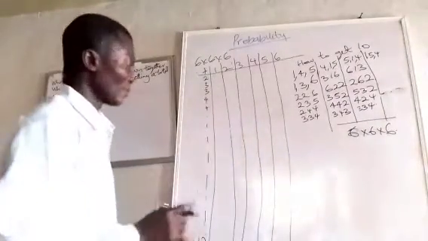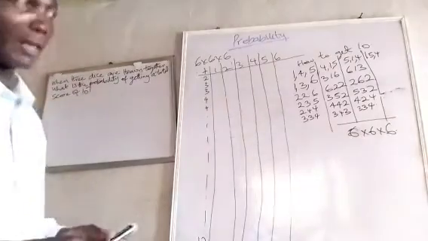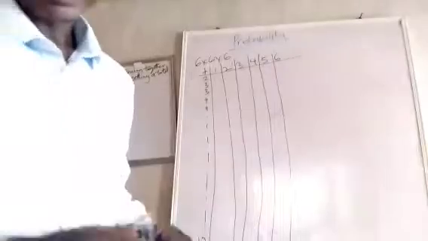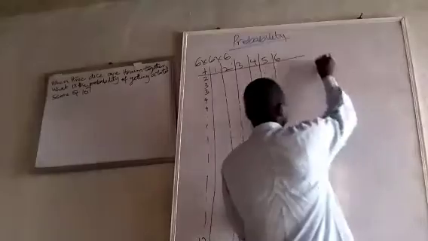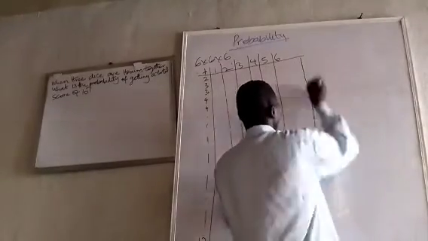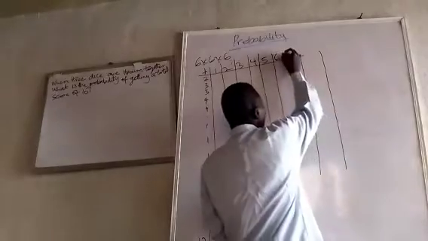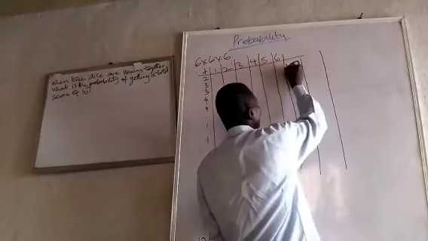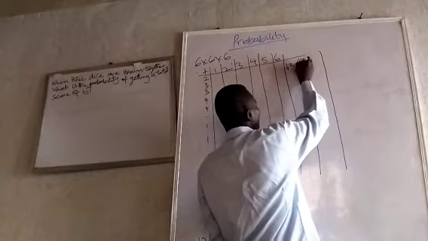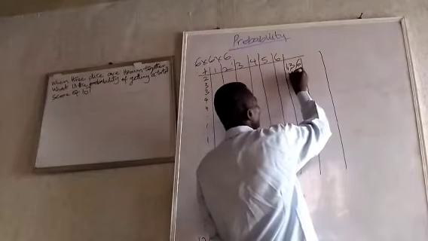Please take notes. Now the other way I can go about it is this. Now let's look at how you can get 10. For me to get 10, I can have 1, 3, 6; 1, 4, 5.